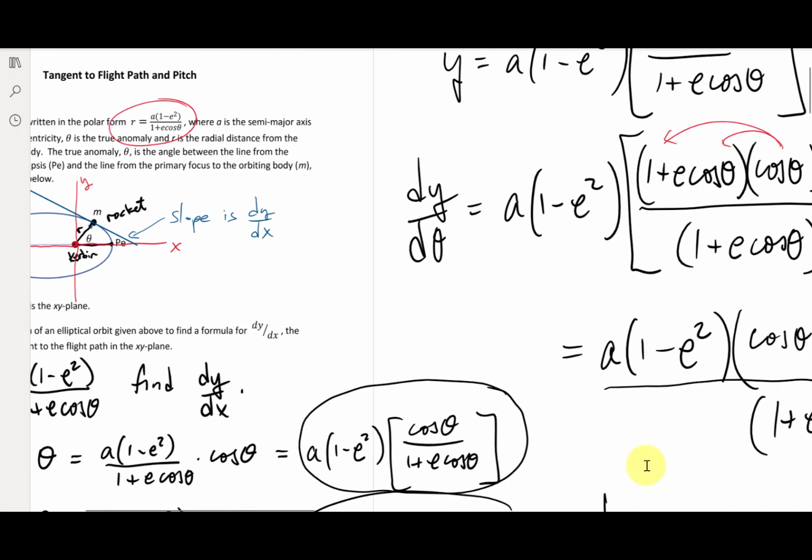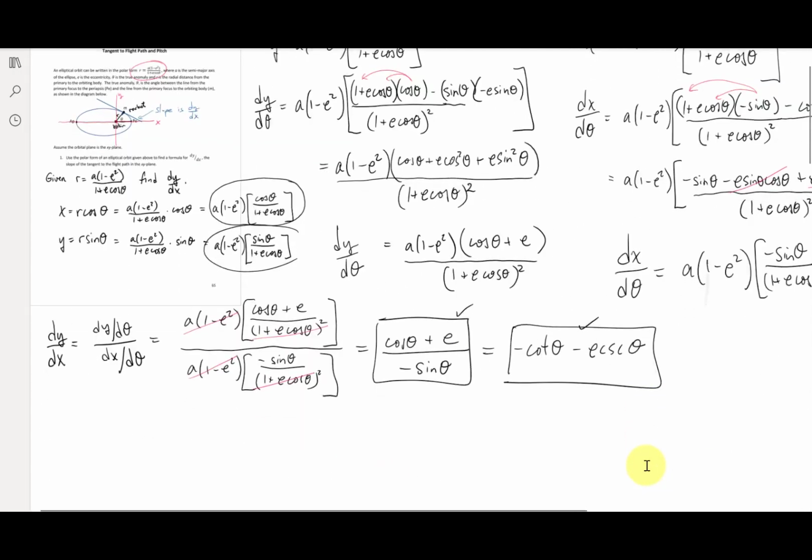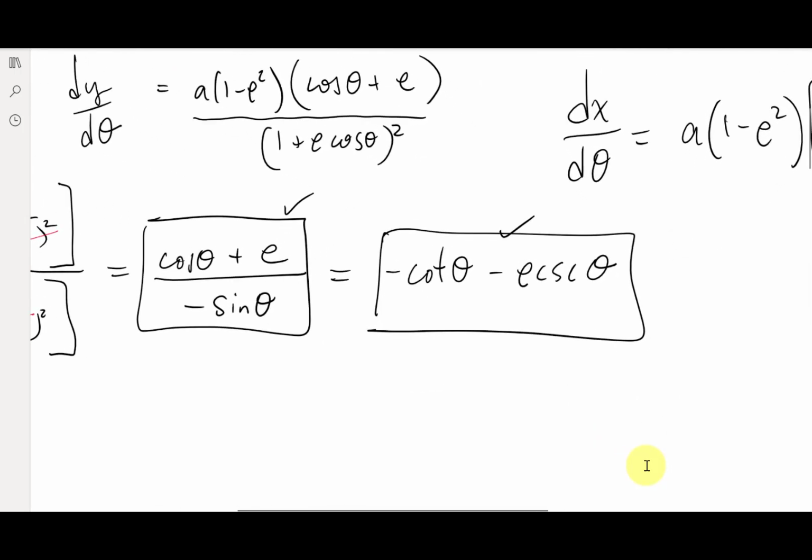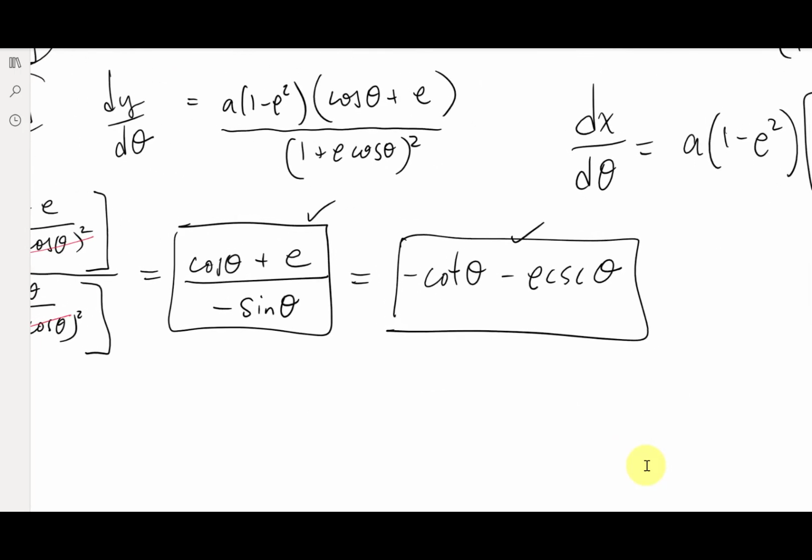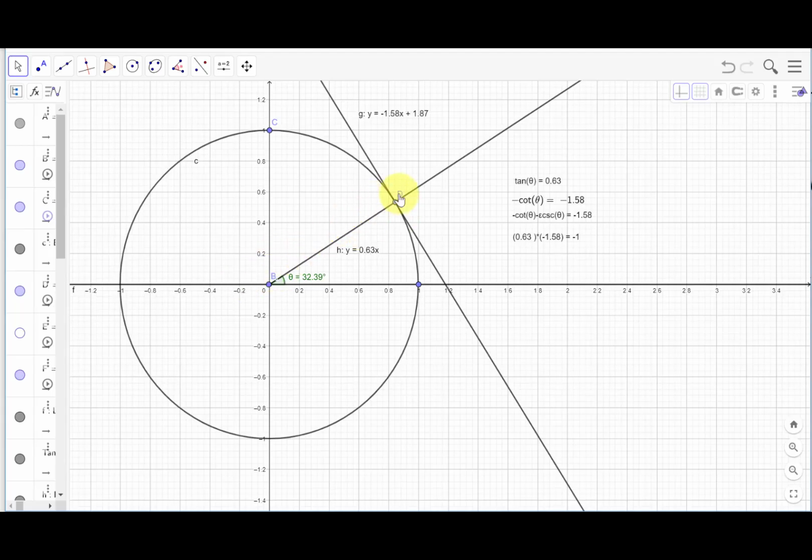Let's take a moment here to quite literally go off on a tangent. So this is the slope of the ellipse, and if the ellipse has eccentricity 0, that's a circle. So if e here was 0, this last term cancels out, and we're left with the slope of the tangent as just negative cotangent. That is the slope of the tangent of theta, 0.63.